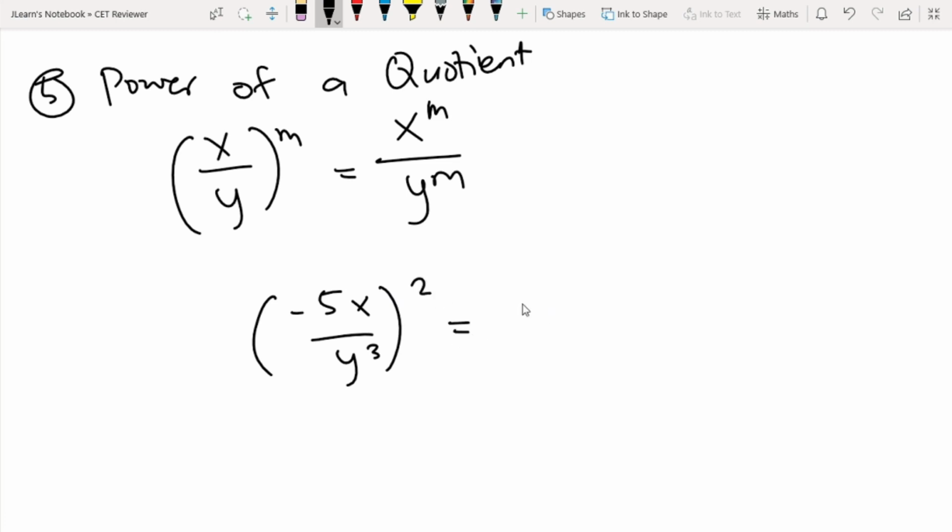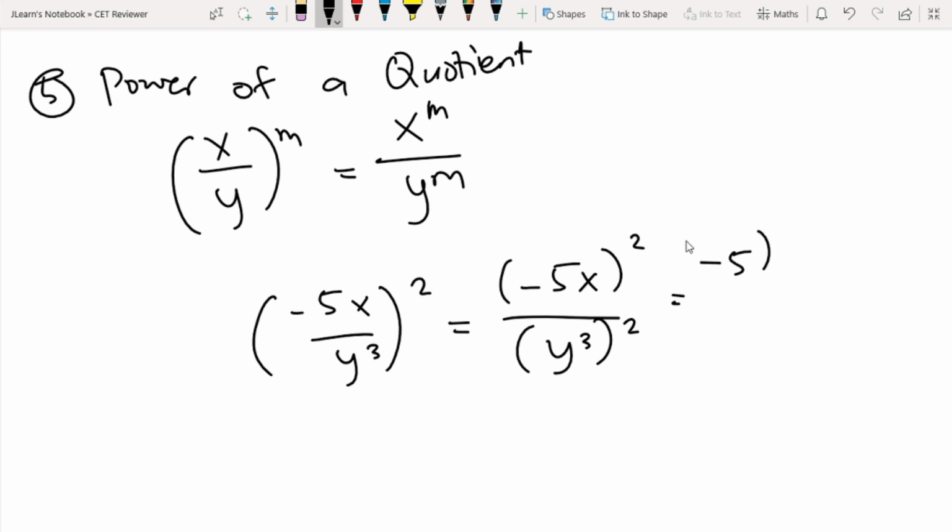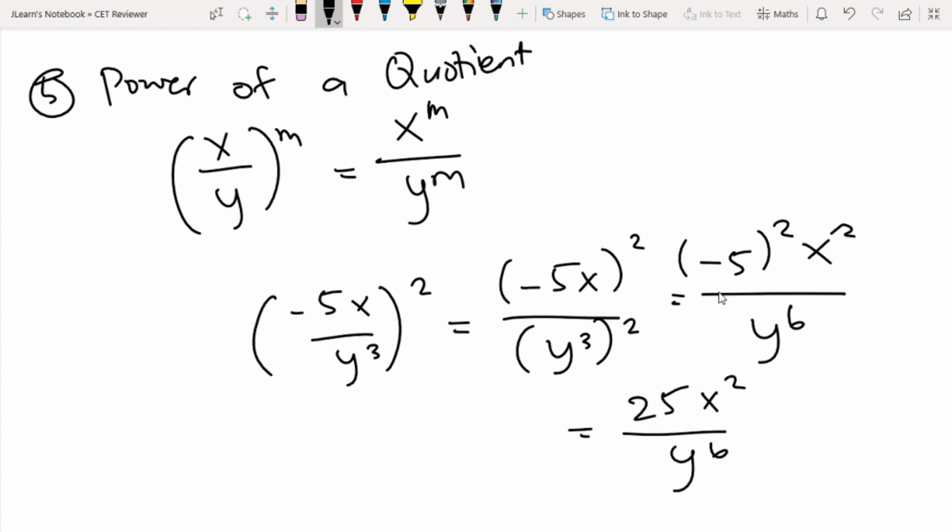Pwede mo tong gawing negative 5x squared all over y cubed squared, and expand mo using the power of a product law. So this will be negative 5 squared times x squared all over y to the 6, okay, using the power law. And this will be equal to 25 x squared over y to the 6.